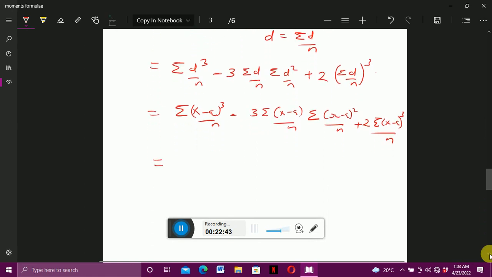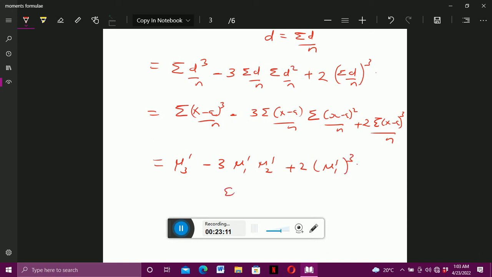So what does that finally give us? This gives us mu 3 prime, minus 3 mu 1 prime mu 2 prime plus 2 mu 1 prime cubed.